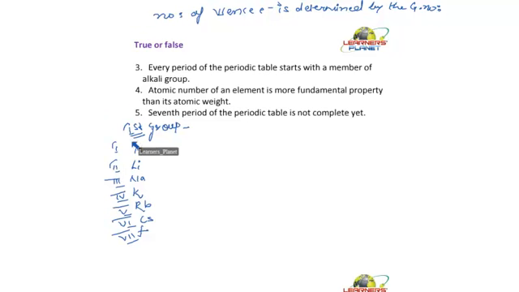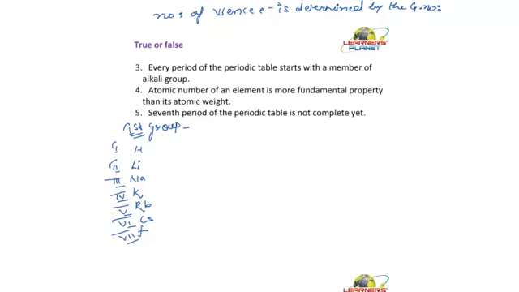This is the first group of the periodic table. Now, what is our question? Every period of the periodic table starts with a member of the alkali group. Is hydrogen a member of the alkali group? No. Only the first period is the exception. But the statement is what?